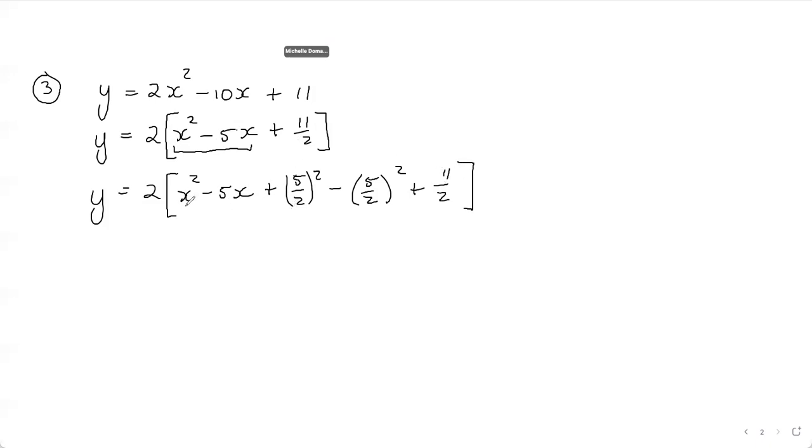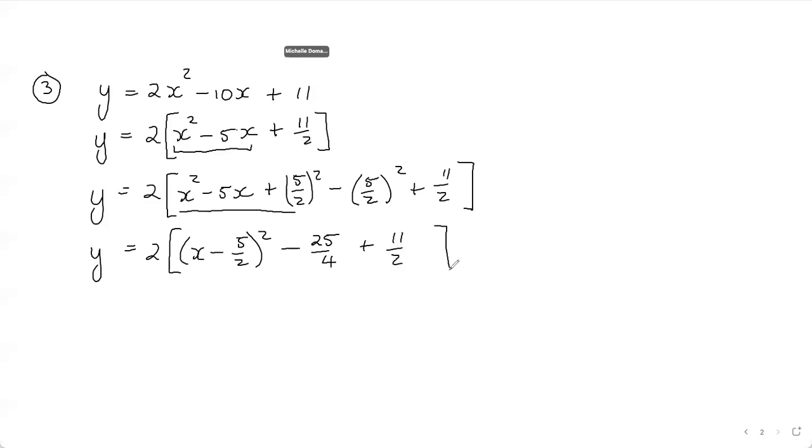Now here, notice we now have our perfect square. So that can be brought into the brackets (x minus 5 on 2) all squared, and simplify the last bit. Squaring that fraction, we get 25 on 4, and then we've got plus 11 on 2.